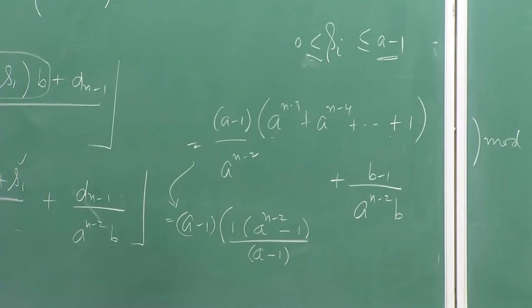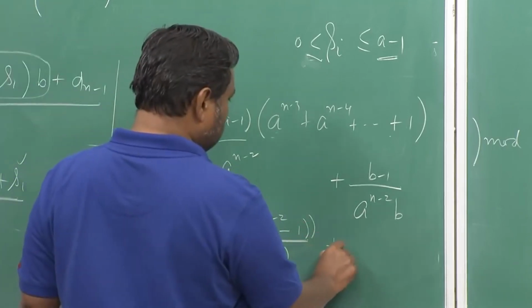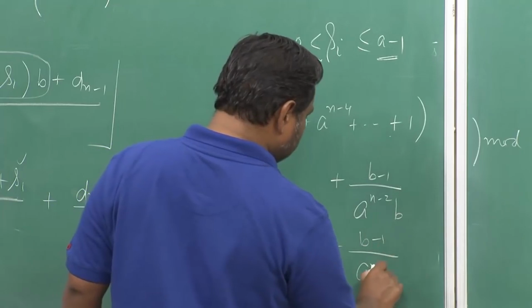That is what you will get, plus b minus 1 times a raised power n minus 2 times b.